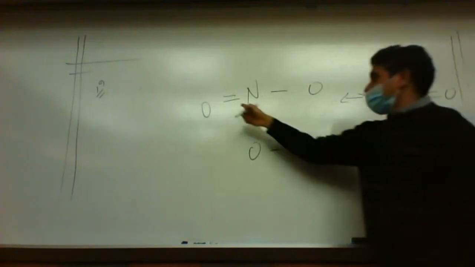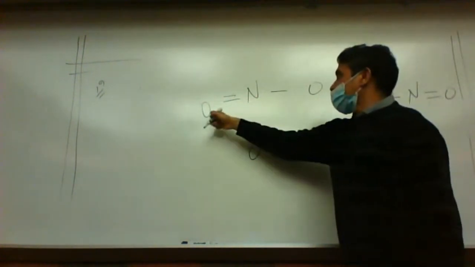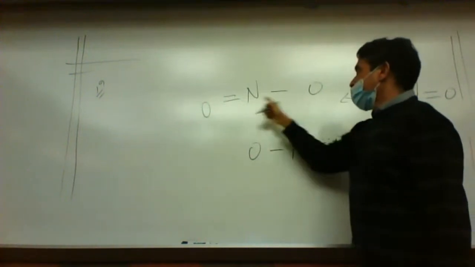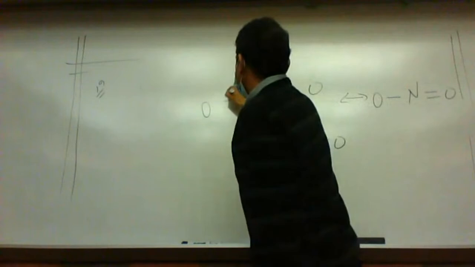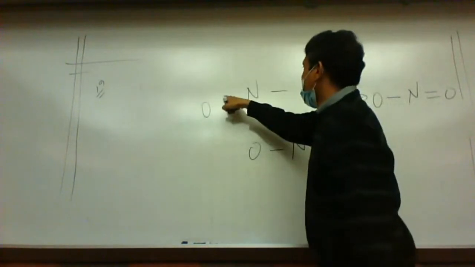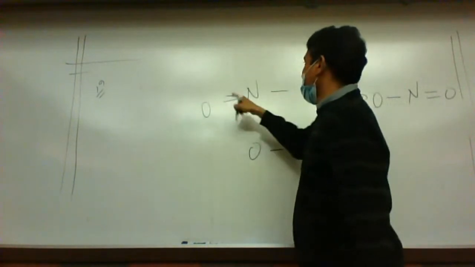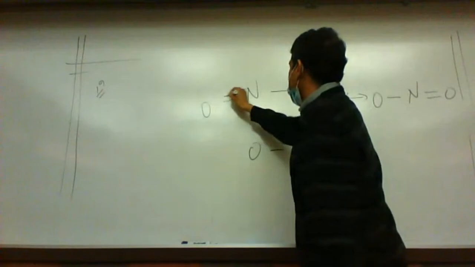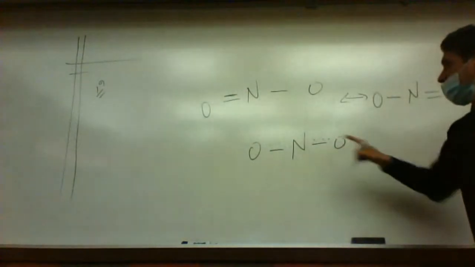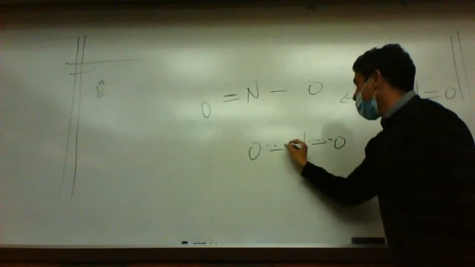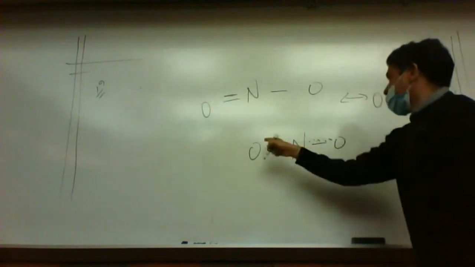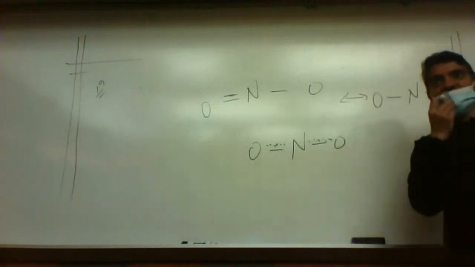If there is a central atom with the same atom on both sides and a double bond, the two electrons of the double bond don't sit in one place. Sometimes they move this way, sometimes that way, distributed over these three atoms.